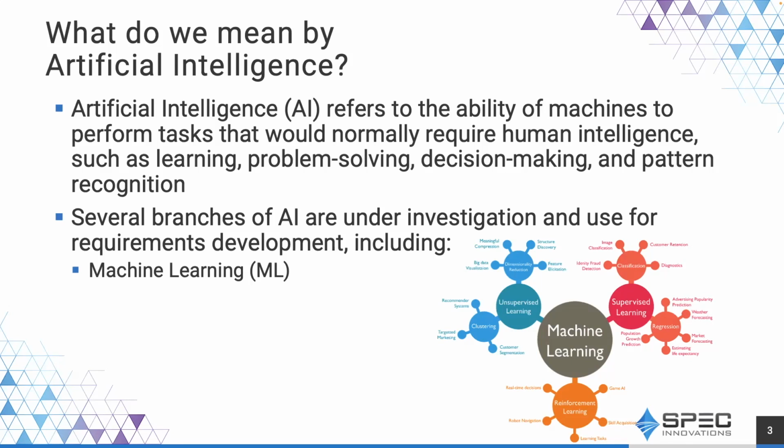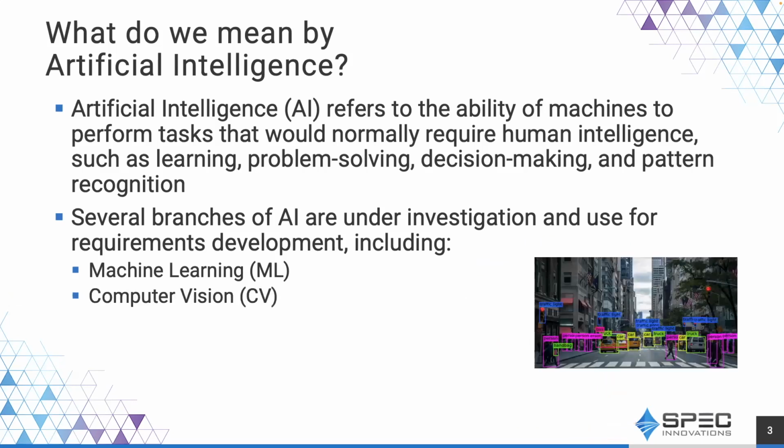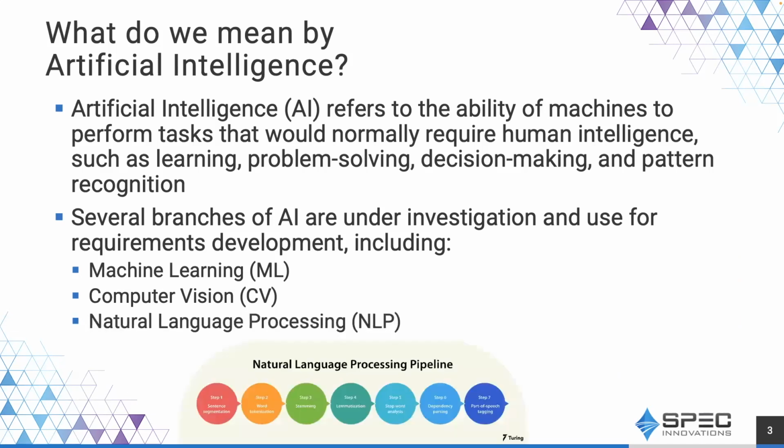So that's another factor in this activity, machine learning. Computer vision is something where it can distinguish key things in a picture, and that's an interesting area. Not clear how that works with requirements so much, but it's an interesting area of progress.